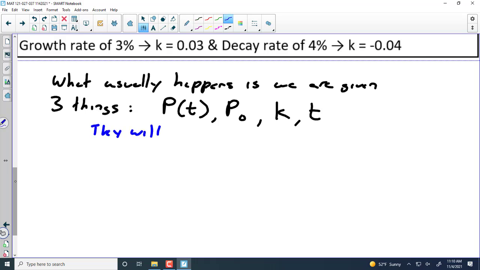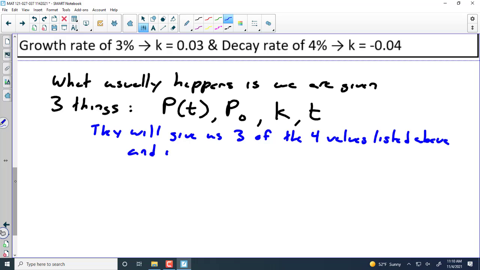They will give us 3 of the 4 values listed above, and we must figure out the 4th.